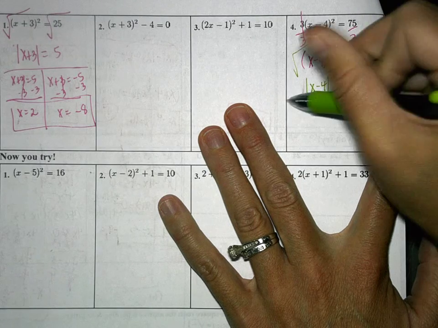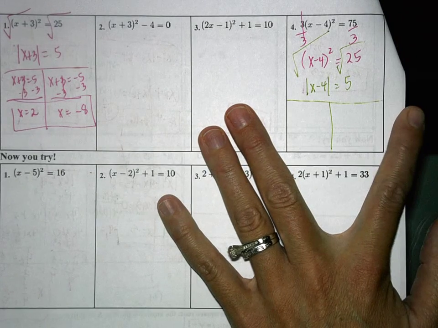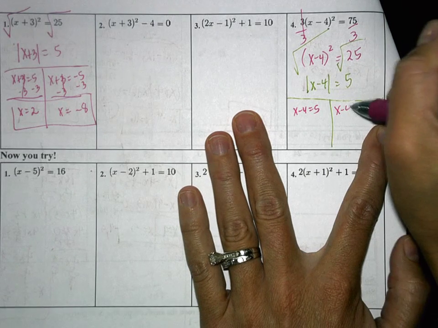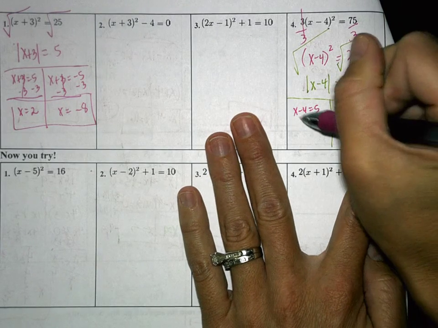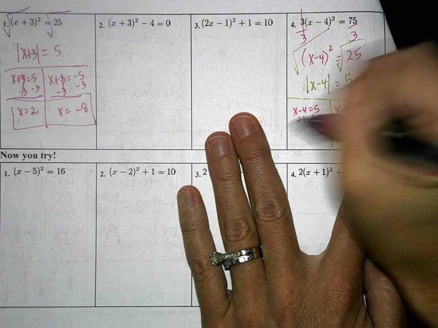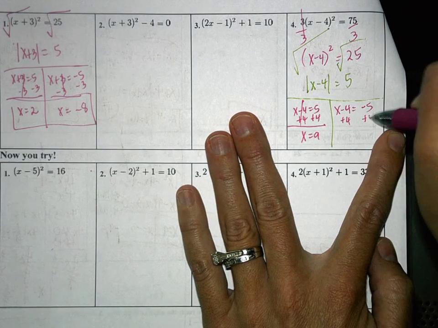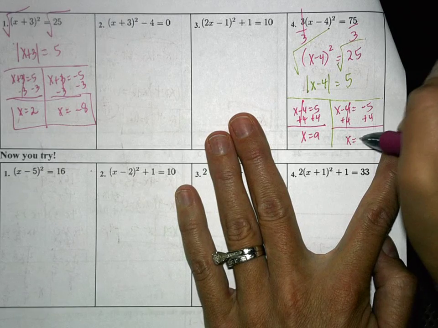Then I set up my two equations. X minus 4 equals 5 and x minus 4 equals negative 5. Add 4 to both sides, x equals 9. Add 4 to both sides, x equals negative 1.